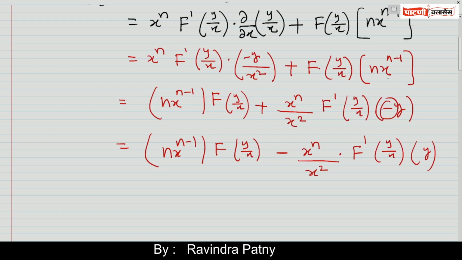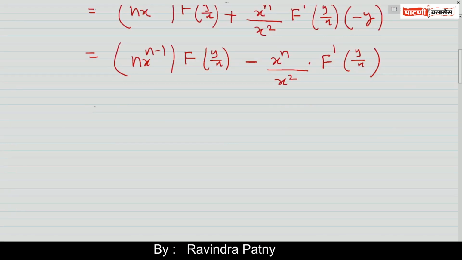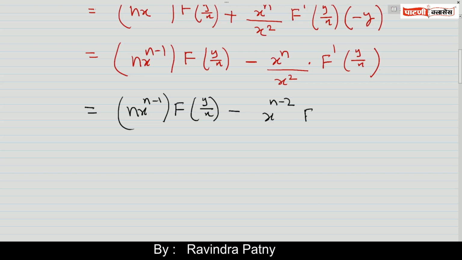Here was the minus, so I have taken it here, which equals n x raised to n minus 1 into f of y upon x minus x raised to n minus 2 f dash y upon x.